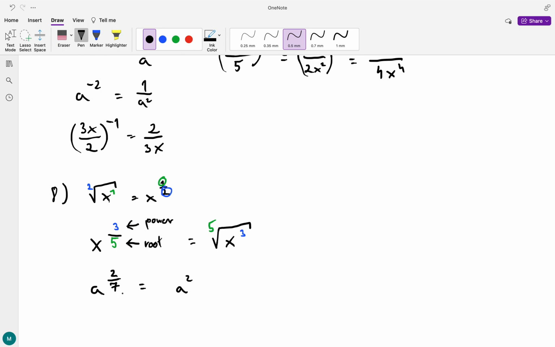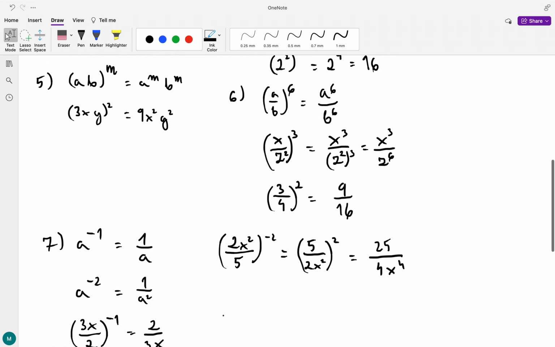The bottom of the fraction, or denominator, is dictating what root you're going to use. So in this case, it's 7th root of a squared. Sounds good?